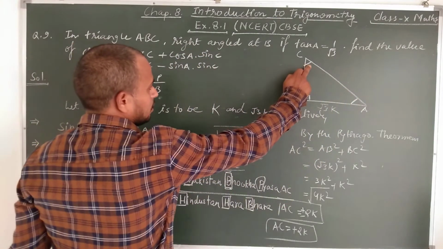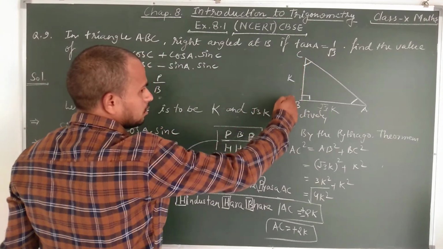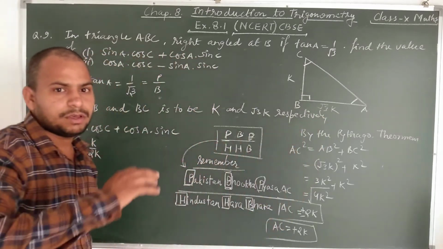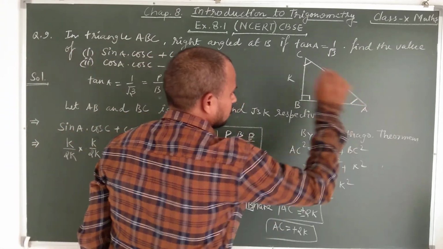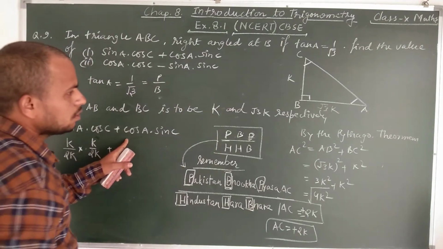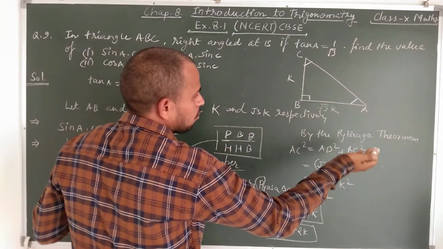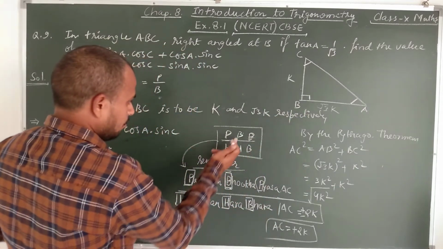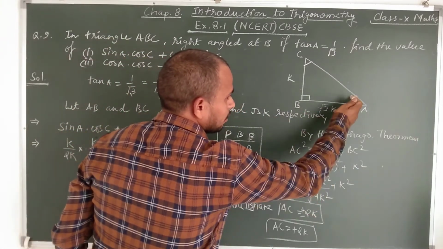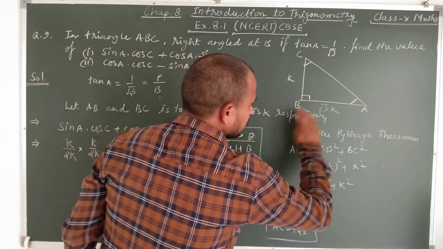For angle C, base is BC, not BA. This AB is base only for angle A.